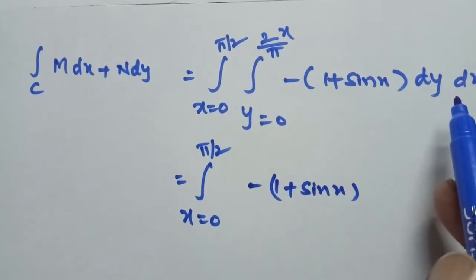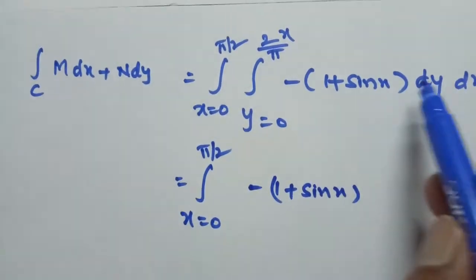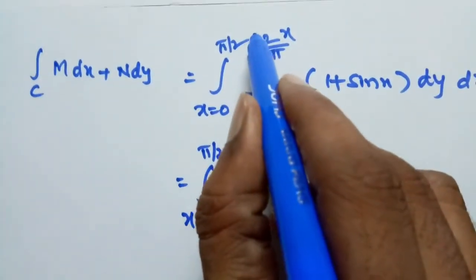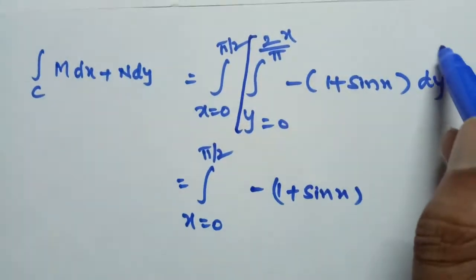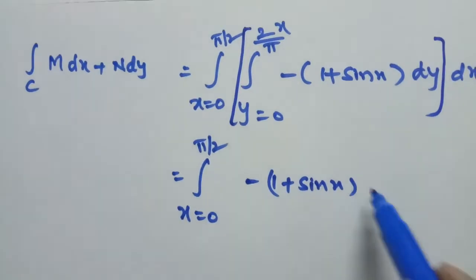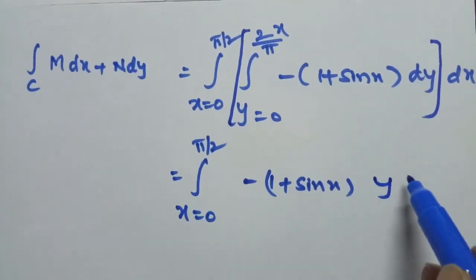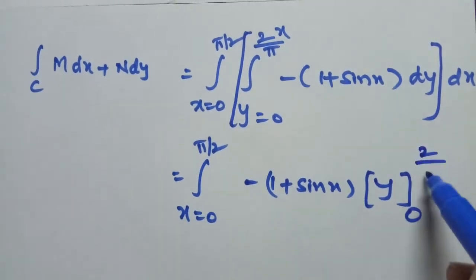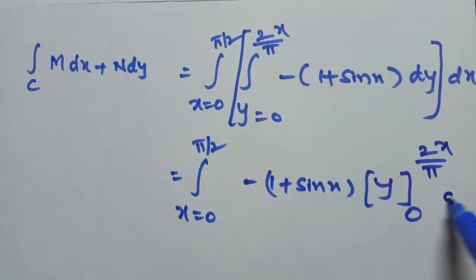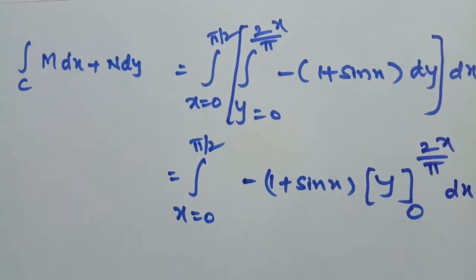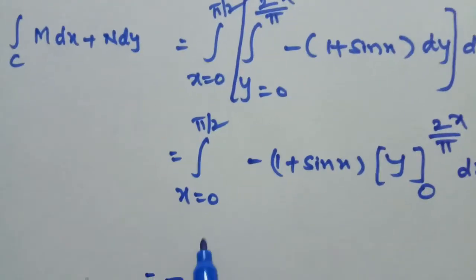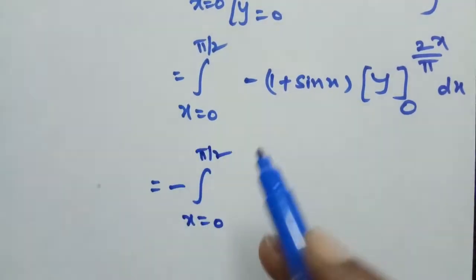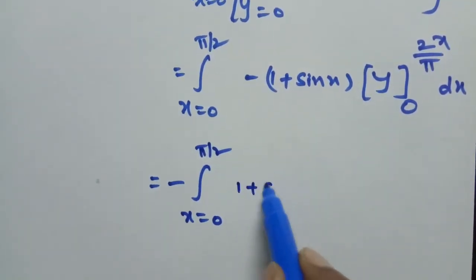Integration of 1 with respect to y is y, limits 0 to 2x by pi, into dx. Now substituting the upper limit minus lower limit, x equal to 0 to pi by 2, minus of 1 plus sin x.